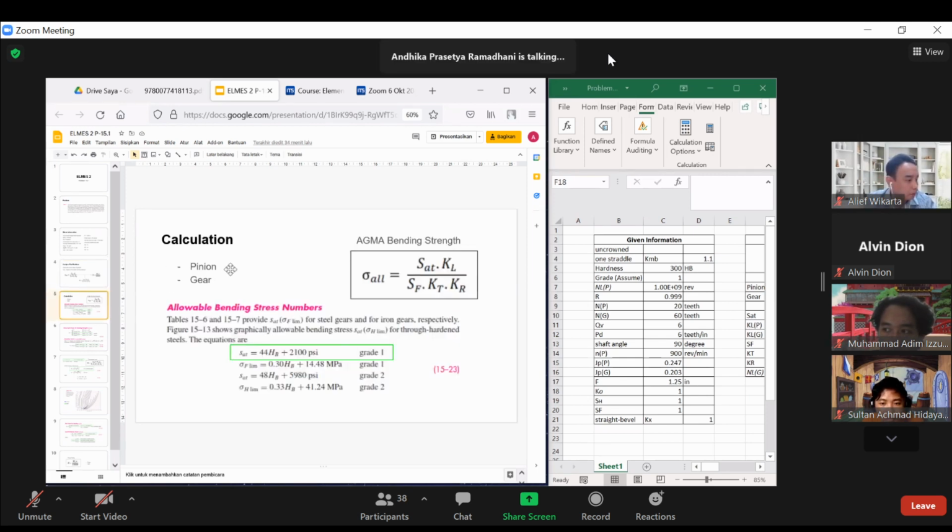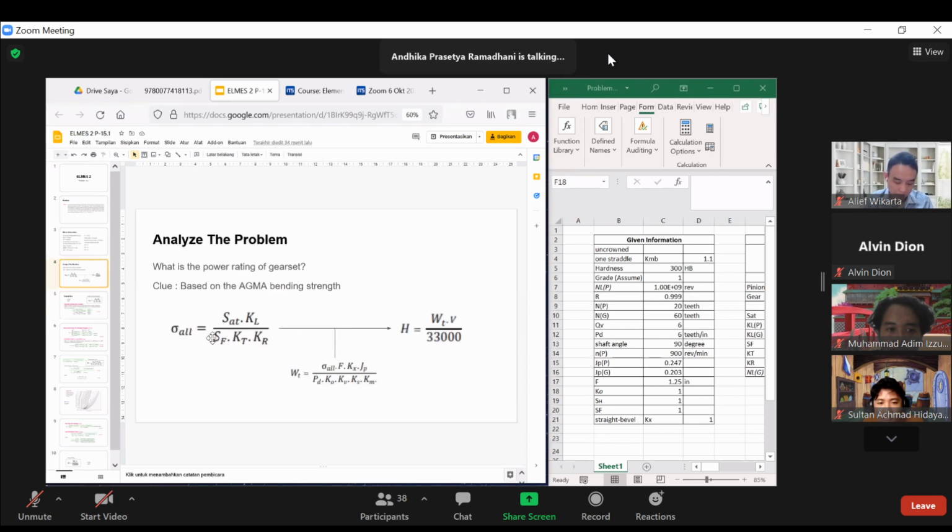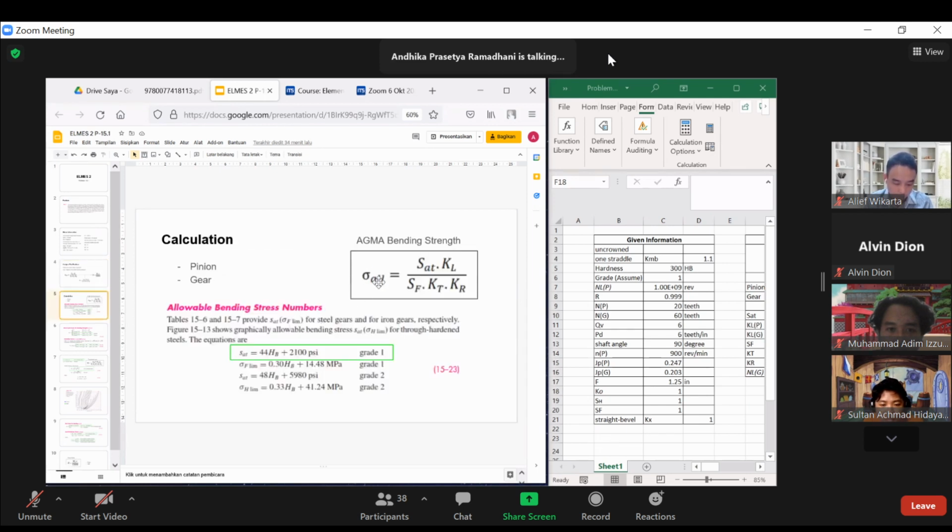Keep in mind we have to search for the pinion and the gear, starting from the AGMA bending strength equation. Here we are looking for the allowable stress, because the allowable stress connects the equations. So our goal is this allowable stress.